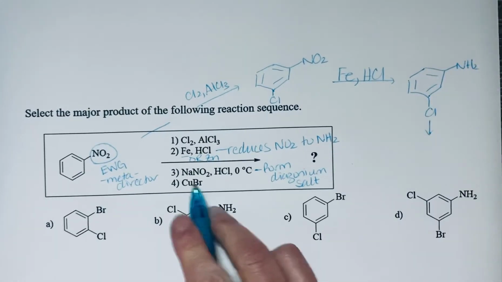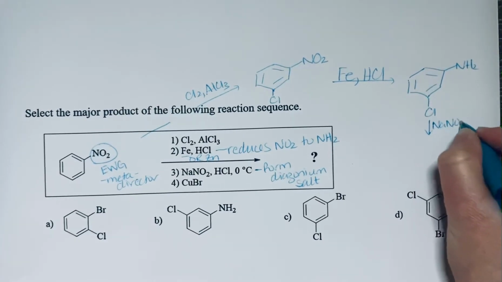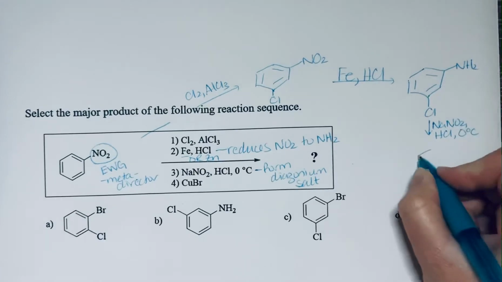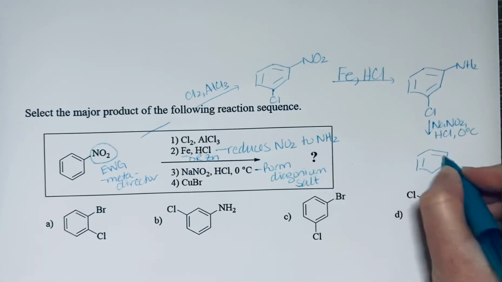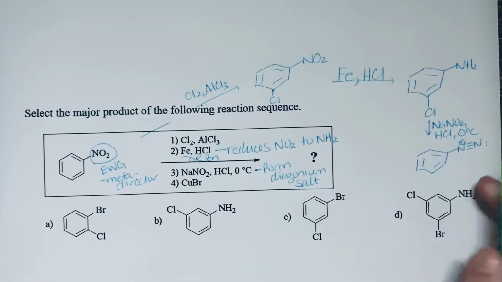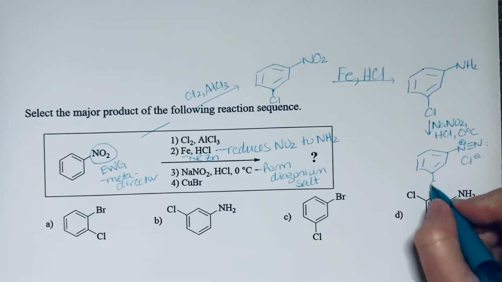All right, so we'll add in these conditions and we'll draw the structure of that diazonium. So this is converting that amine to a compound with a nitrogen-nitrogen triple bond. And it does have a positive charge. This is a salt with the chloride on there. And of course, we still have this chlorine at the meta position.